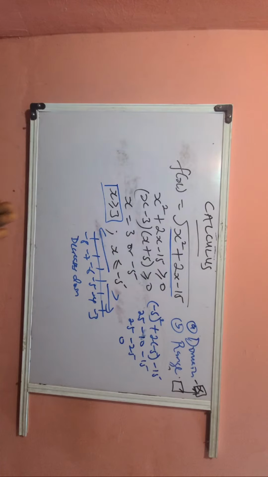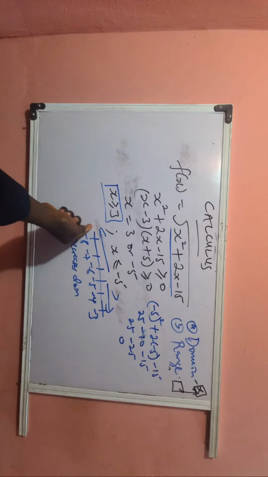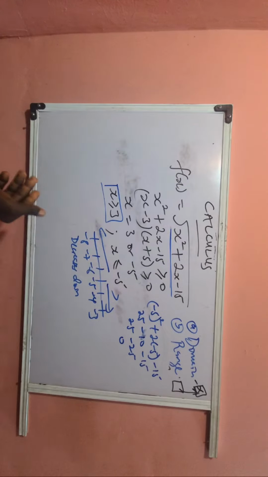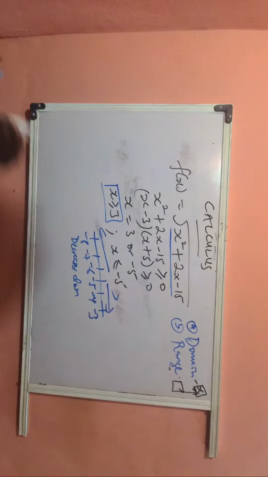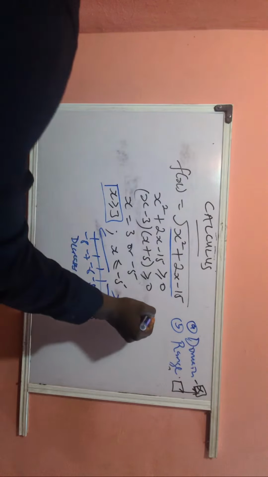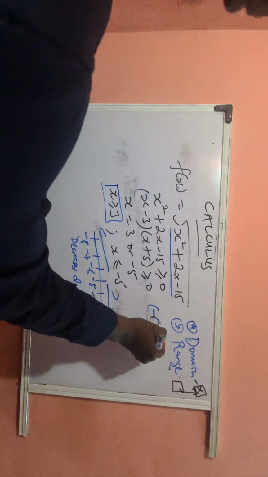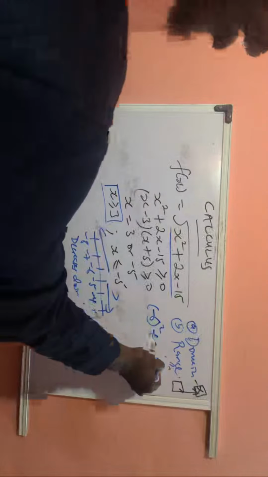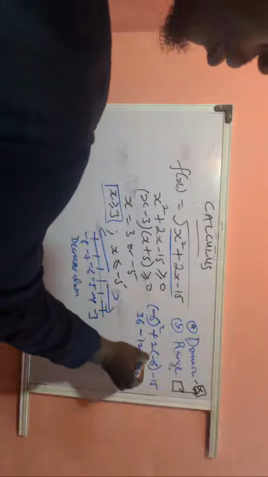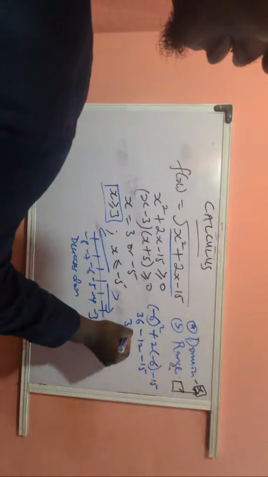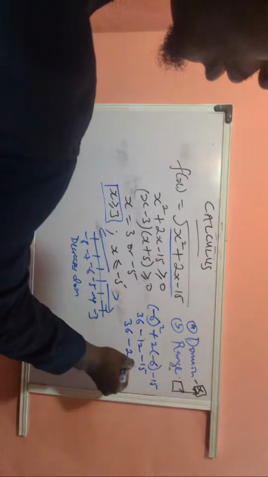So now we're going to examine for -6, -7, -8. Maybe we examine just -6, and you can go on to examine -7, -8, and let's see if it works well. So let's put -6 into our equation. We have -6 all squared plus 2 into -6 minus 15. This will be 36 minus 12 minus 15. This will be 36 minus 27.